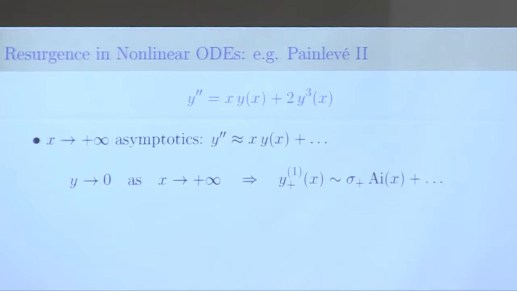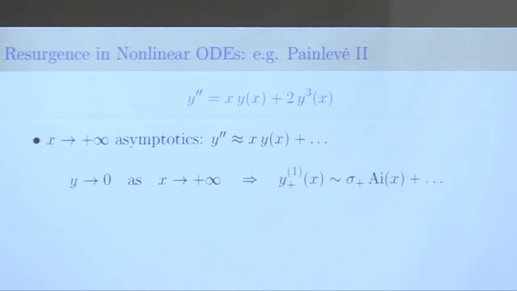So the first thing is, let's look at x at plus infinity. And let's look for a solution that goes to 0 at plus infinity. So if it's going to 0 at plus infinity, then y cubed is much smaller than y, and much smaller than x times y.